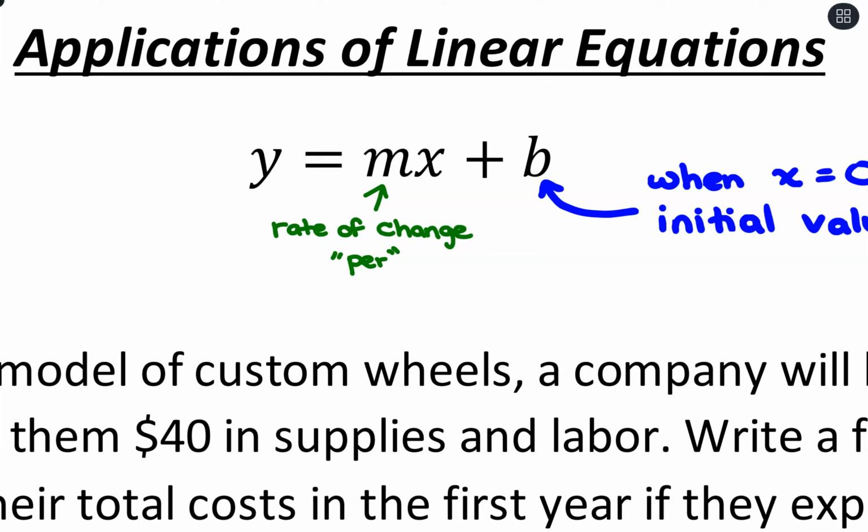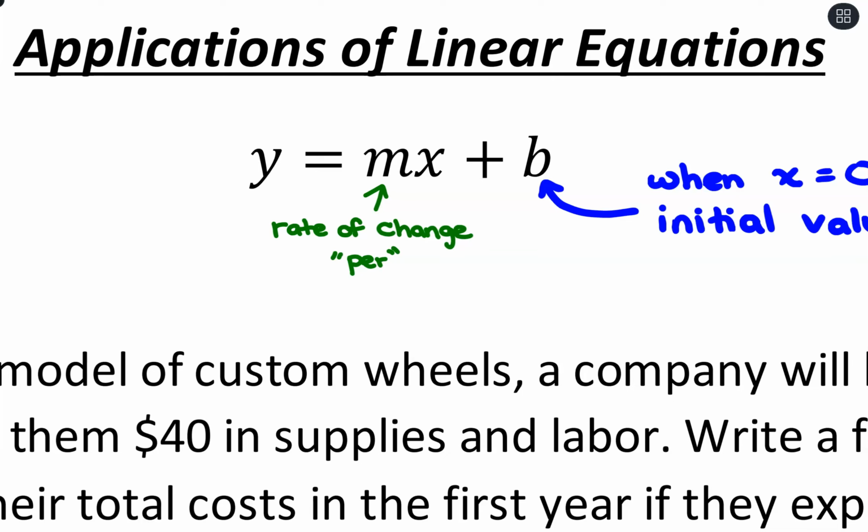Okay, so what we have here is this big cost right at the beginning. We had to buy some new equipment, so we have this big cost of $30,000. Then from there, the cost increases for each wheel made. Per each wheel, we have $40 in supplies and labor.